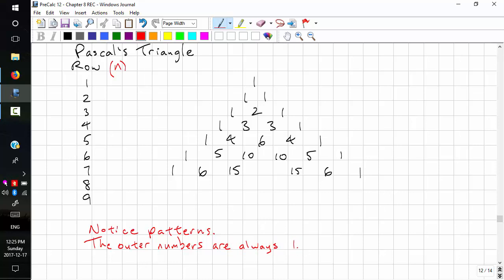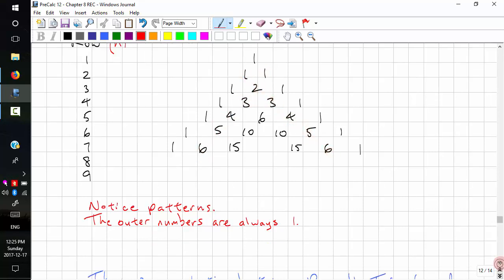Next, we want to notice another pattern. Here's a simple one. We can see that this is increasing by 1, and increasing by 1 in this direction.